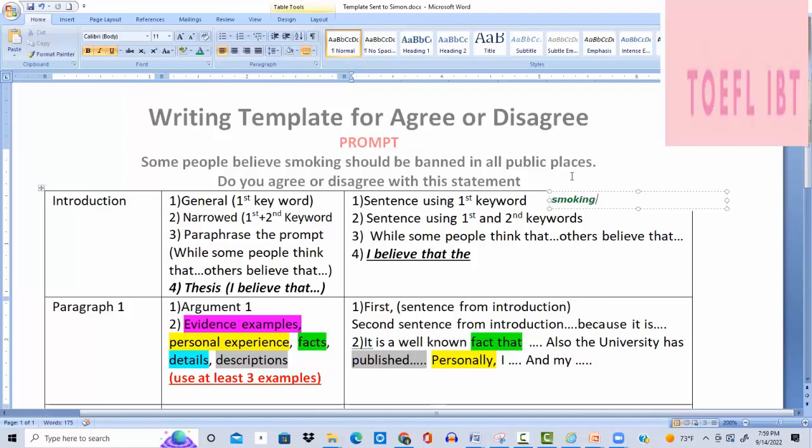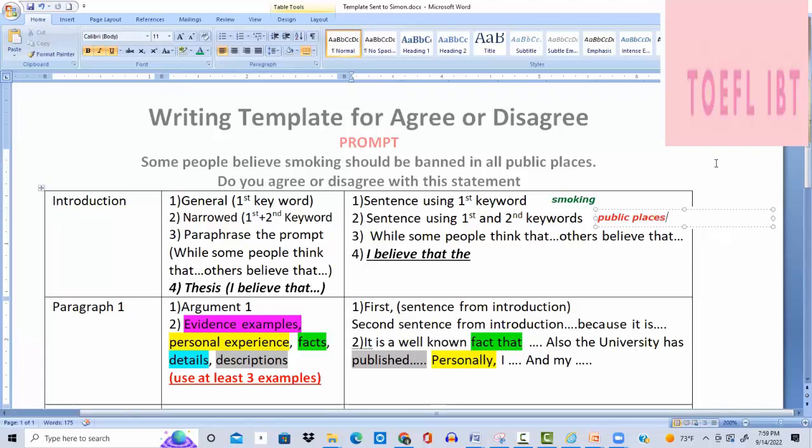Smoking, right? Now it says number 2, I need 2 keywords. So we have smoking. What would be the second one? A public place. Good. Public. So we could just say public, but I'll put public places. All right.